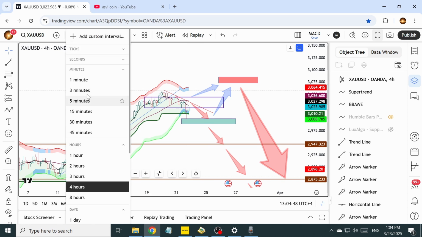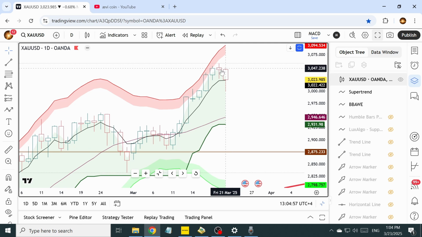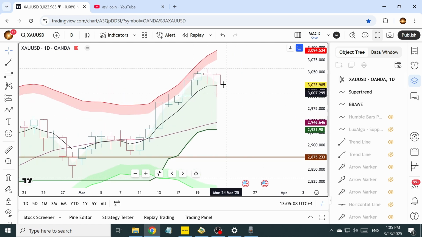If we go to the daily time frame, as you see here, there have been many candles going in an uptrend, and none of these candles got the support of the 5 EMA. And now we have the first candle here that gets the support of the 5 EMA.